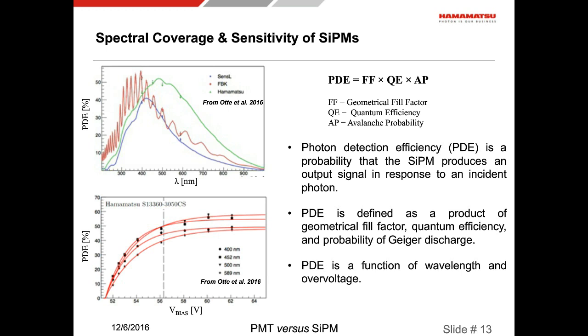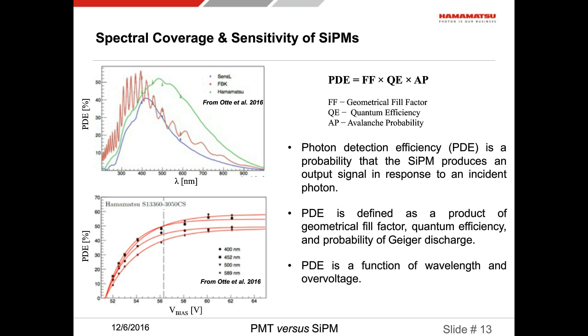On one of the very first few slides, we showed that the quenching resistor is on the side where photons come from. And so that quenching resistor is certainly going to represent a barrier to photons trying to penetrate into the PN structure. The second parameter is quantum efficiency, which is the probability that a photon, once penetrated into the PN structure, actually produces an electron-hole pair.